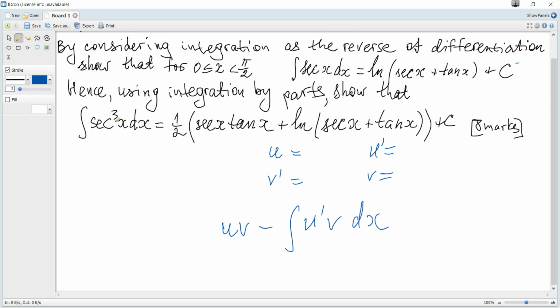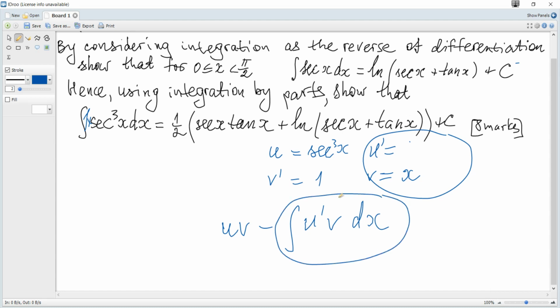So if we consider secant cubed directly, we can consider it as 1 times secant cubed. If we choose v prime to be 1 and u secant cubed, definitely we can find the derivative of secant cubed, and the integral of 1 is x, but it becomes very complicated, and it will be very difficult to find this integral.